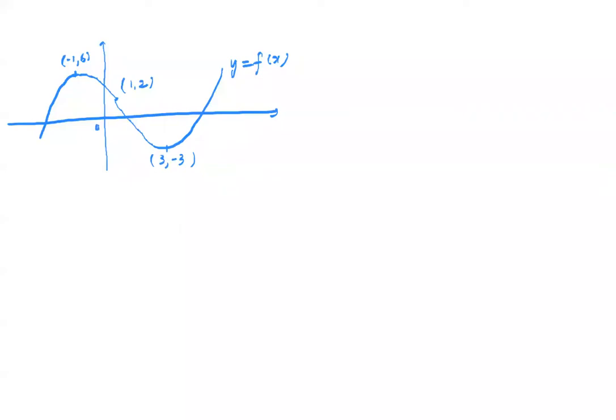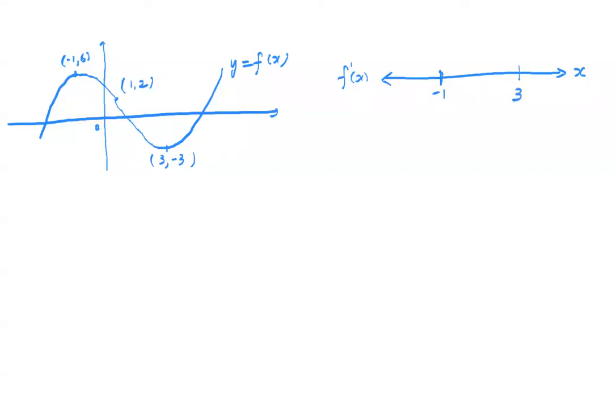So look, f prime x sign diagram based on the fx graph. Okay, so what are the values that I must mark on the line? Can someone suggest to me? Yeah, what are the values? Okay, -1 and 3.